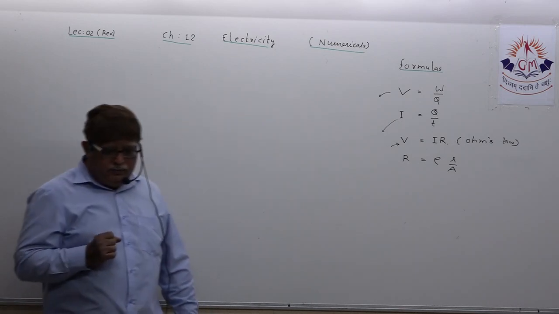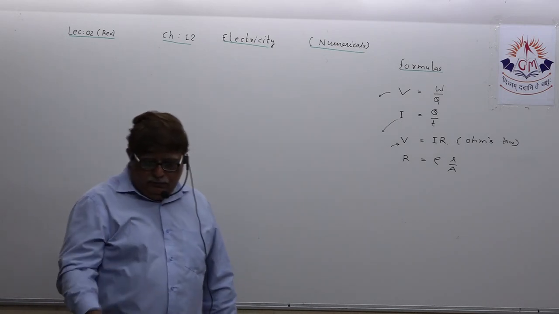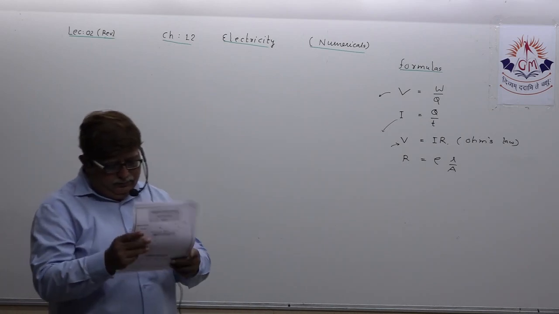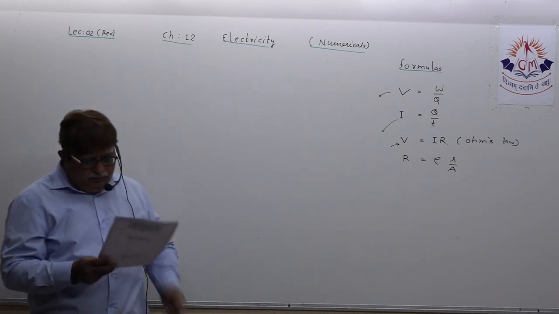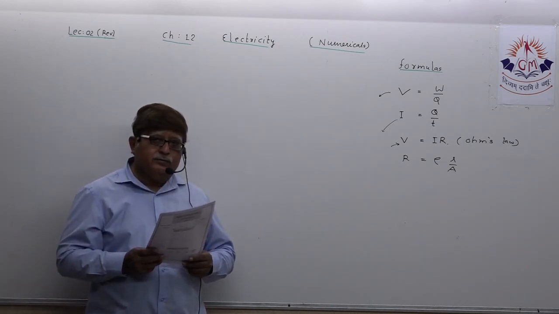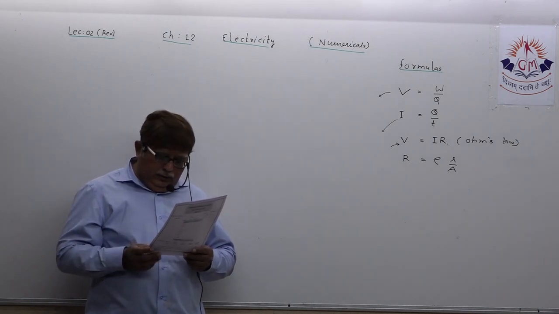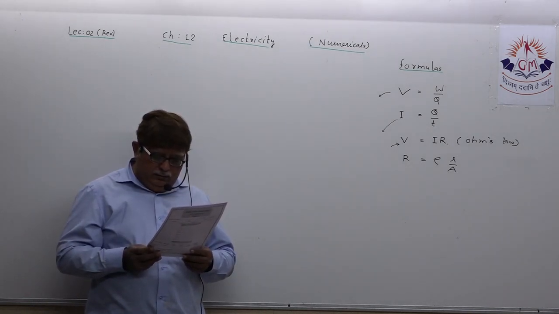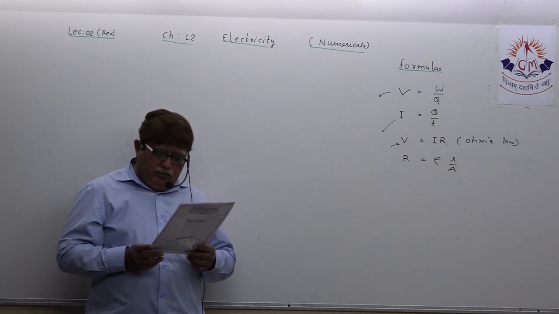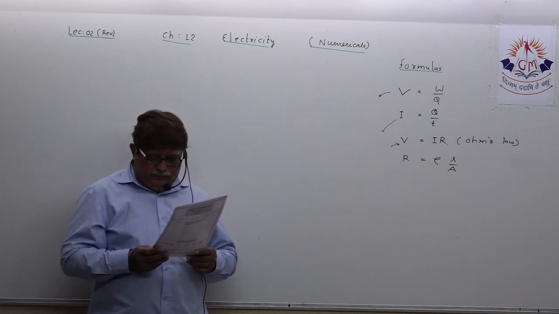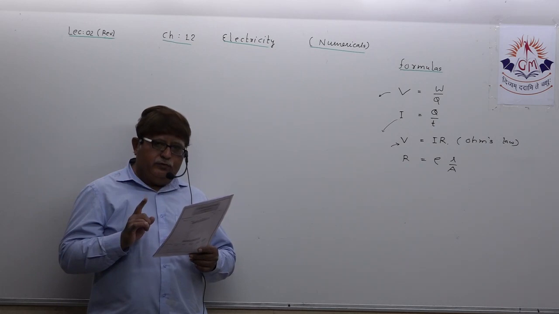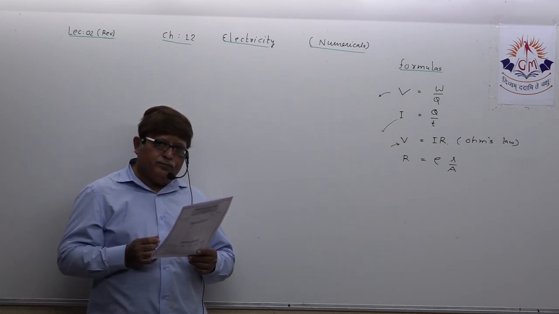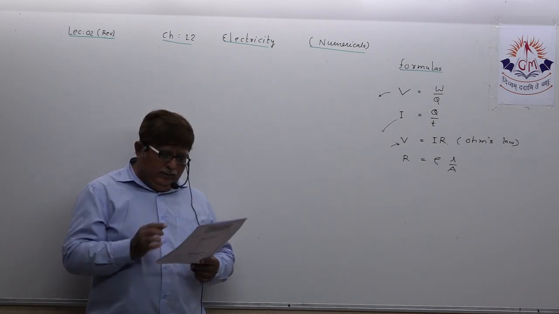See what is given. A wire, first you read that numerical. A wire of given material having length L and area of cross section A has resistance 4 ohm. I am reading it again.